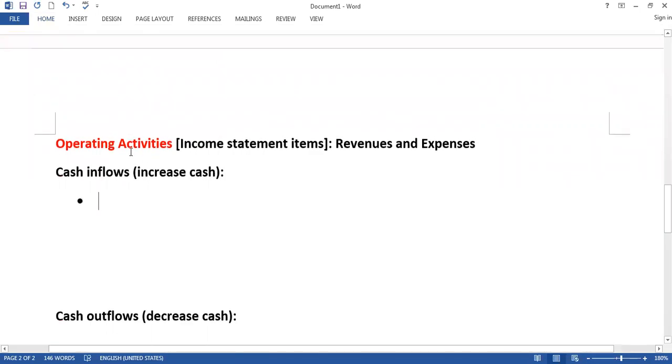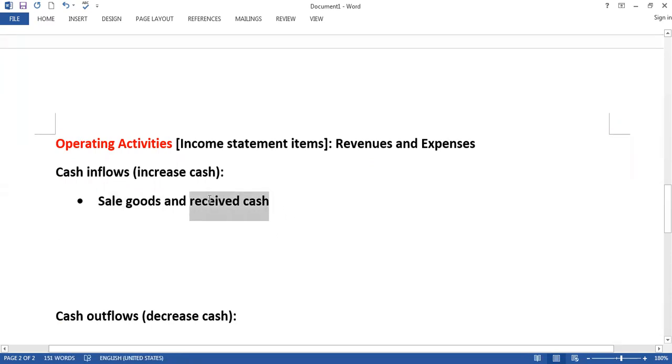So we are now under operating activities. Sell goods and receive cash. That means you sell your goods and immediately you receive cash.